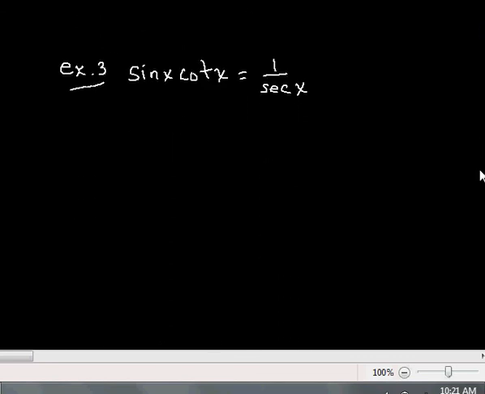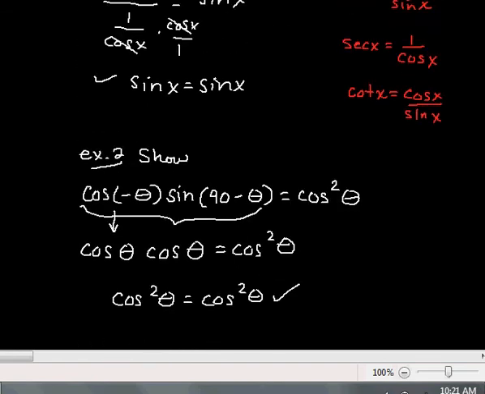Let's try this one. Sine of x times cotangent x equals 1 over secant x. So we want to just have this be 1 over secant x. So the sine I'm going to leave the same. And for cotangent x, we're going to use this one up here.